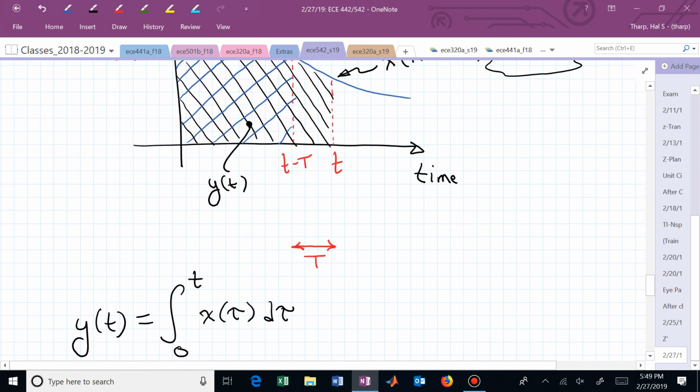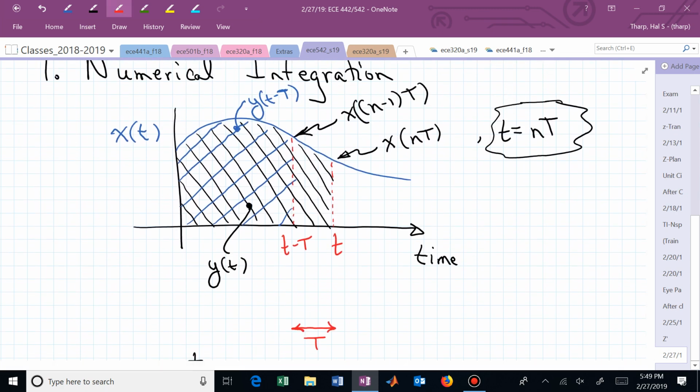Or if we go back, what we're saying is now we are approximating that area with this rectangle. We're saying let's look forward in time from x at time little n minus 1 times capital T and just approximate that sliver of area with this rectangle.